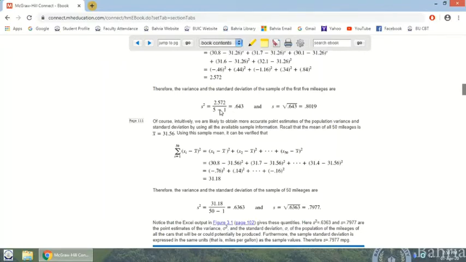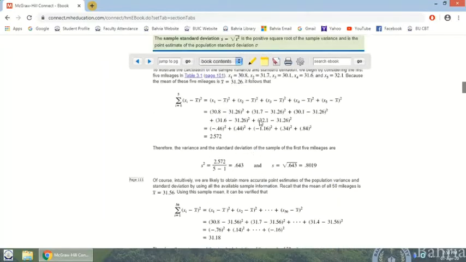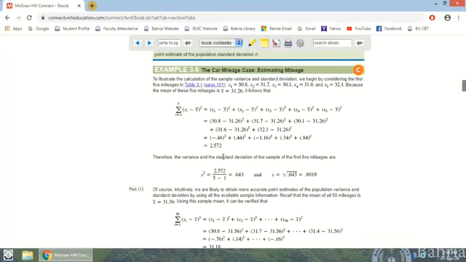Now, as you can see here, if it were population standard deviation or variance, we would be dividing it simply by 5 instead of 5 minus 1. But since it's a sample, we're dividing it by 5 minus 1.